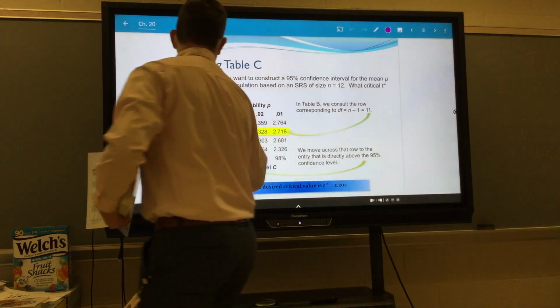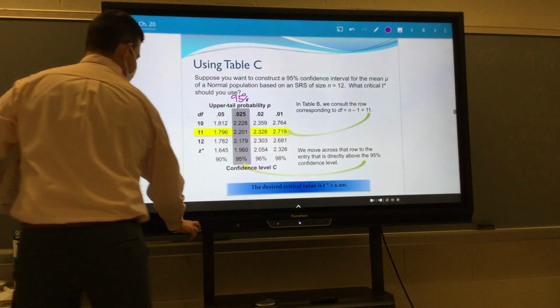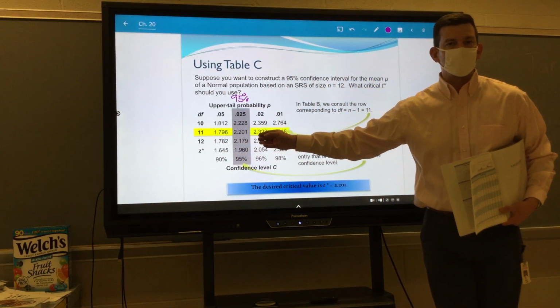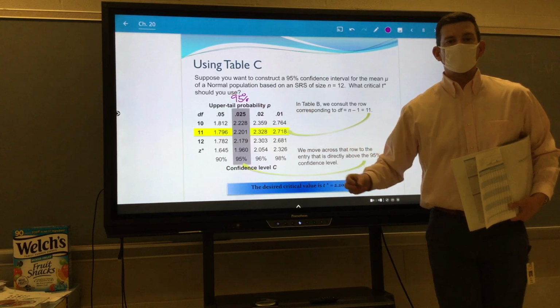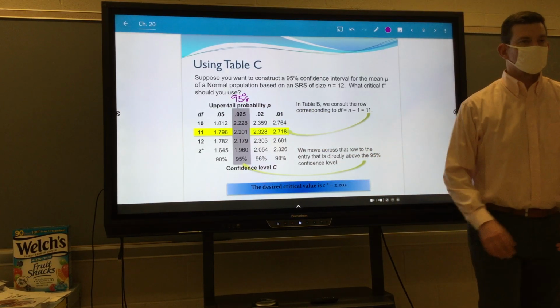You would have that up here as well. This gives you that t-star value for whatever confidence interval calculation you're doing.